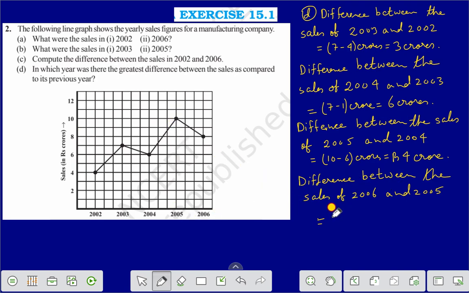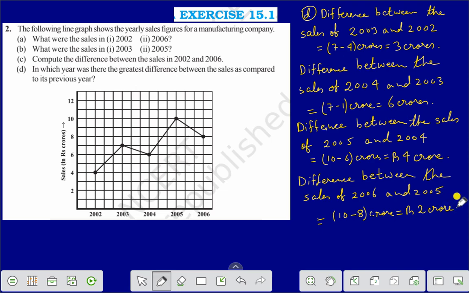The difference is 10 minus 8 crore, that is equal to rupees 2 crore.